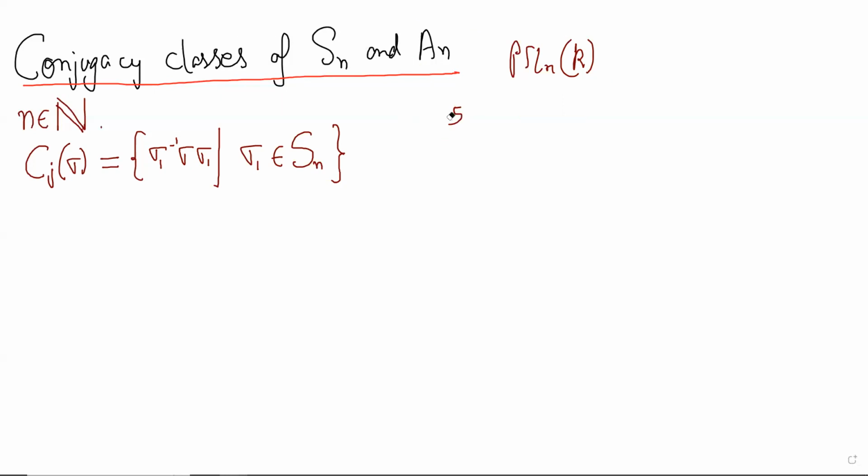The proof of these two actually is very similar, if you do the algebraic proof, and I promise I won't get into the geometry proof. But for Sn, there is a lovely classification. So this is conjugacy classes.